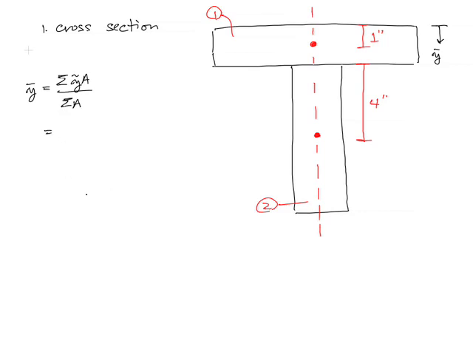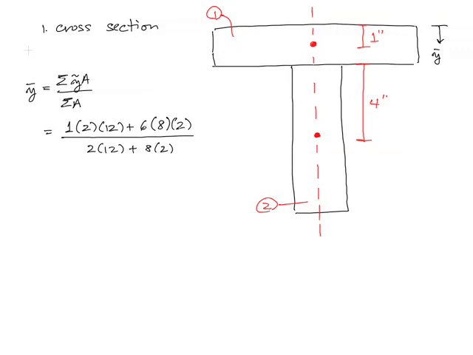So here we've got the sum of the y tilde A. It's going to be 1 inch times the area of that top piece, which is 2 by 12, plus 6 inches times 8 times 2. I'll explain all these things in a minute. And then the area is 2 times 12 plus 8 times 2.